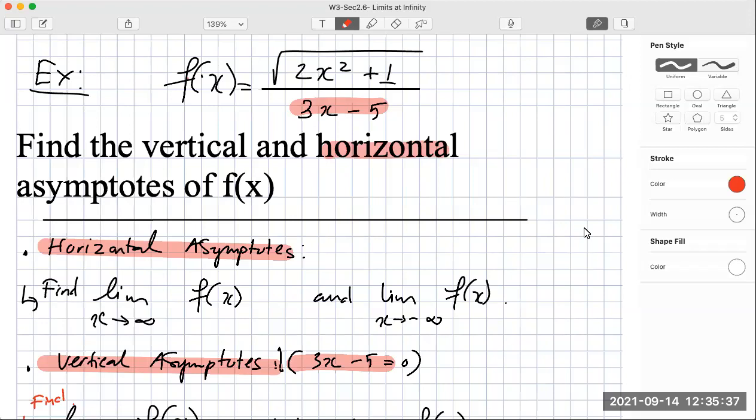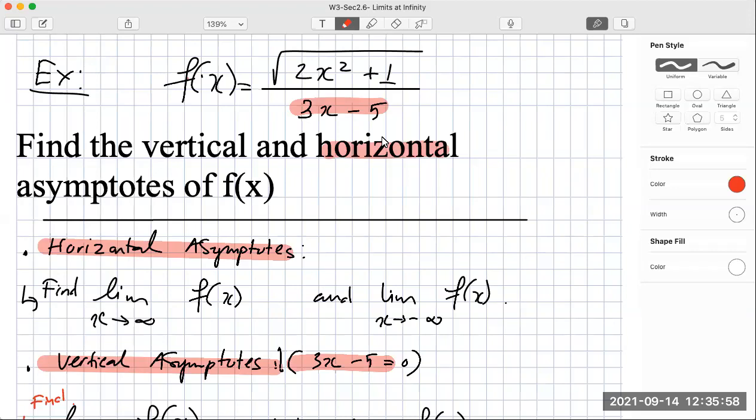So in order to find the vertical asymptote, we need to find the limit of this function when x comes closer to 5/3 from the right-hand side and the left-hand side. And the horizontal asymptotes, as I mentioned yesterday, there are at most two horizontal asymptotes.